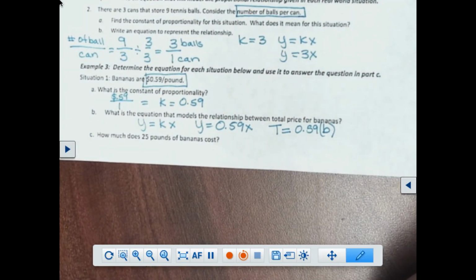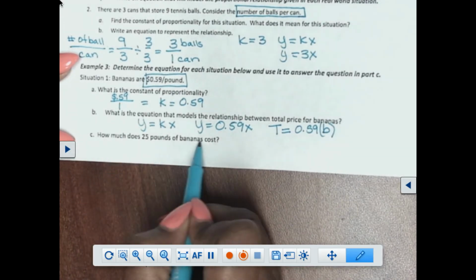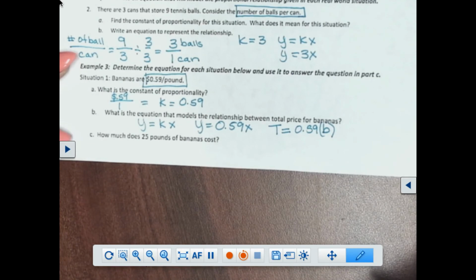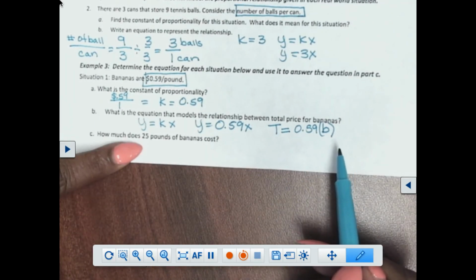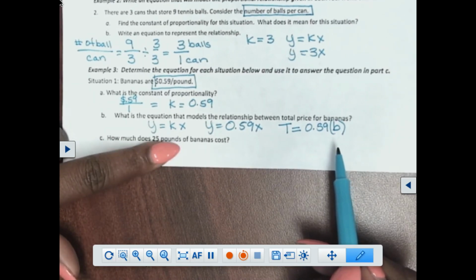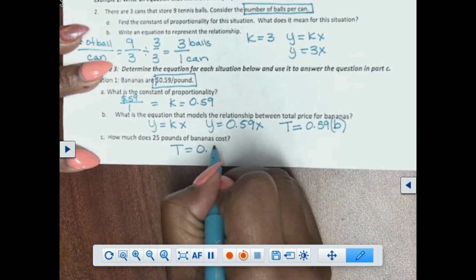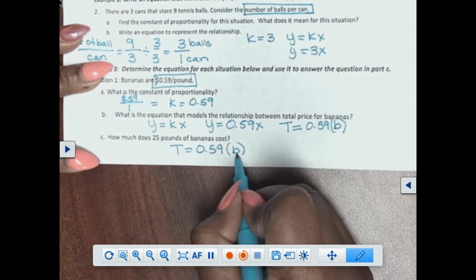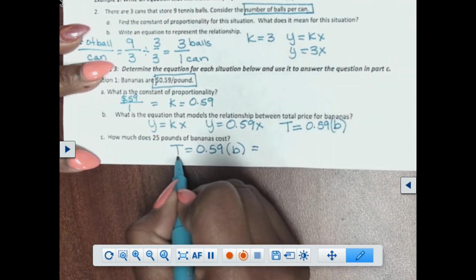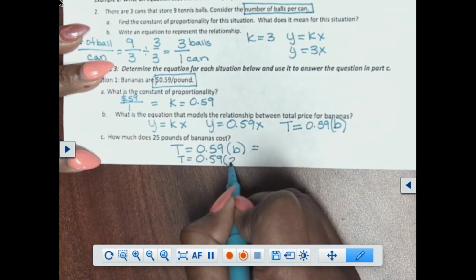Okay, and then it says how much does 25 pounds of bananas cost? Well, we use this equation right here that we just created to figure out how much 25 pounds of bananas cost. So if I use this T equals 0.59 times B. Well, we already said that B represents my bananas. So I can say T equals 0.59 times 25.